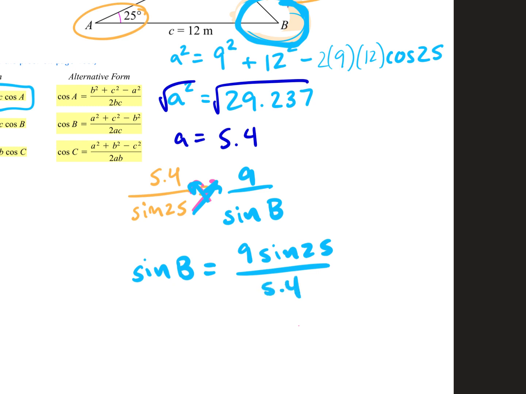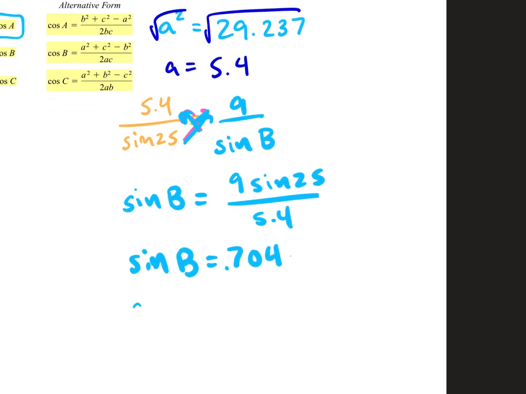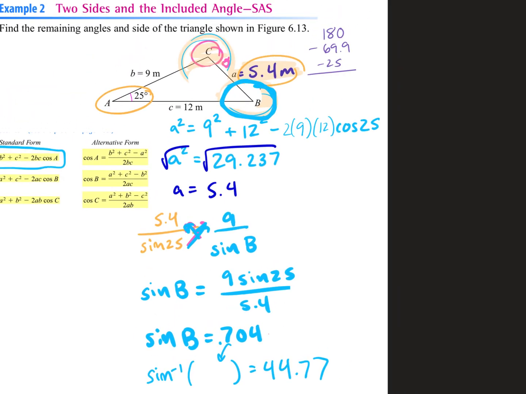We put this into the calculator and get sine of B is equal to 0.704. What would we have to do next? Inverse sine. So we get 44.77. Oh yeah, we could say 44.8.